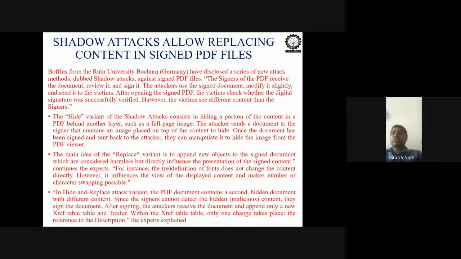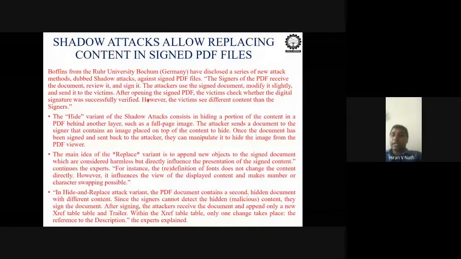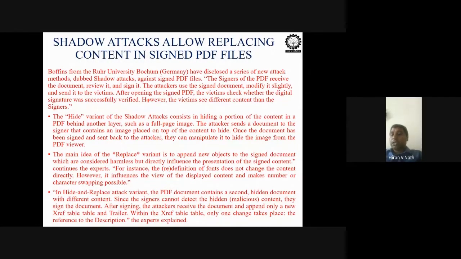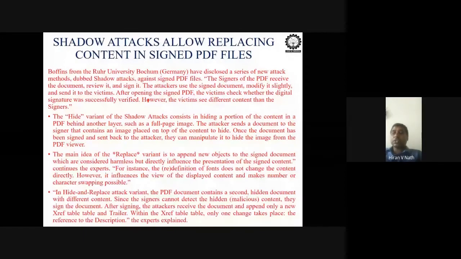So the hackers could use that technique to hide things. The idea of the replace variant is to append new objects to the signed document, which are considered harmless but directly influence the presentation of the signed document. This could be like changing the font content and changing things so that the alignment happens differently.